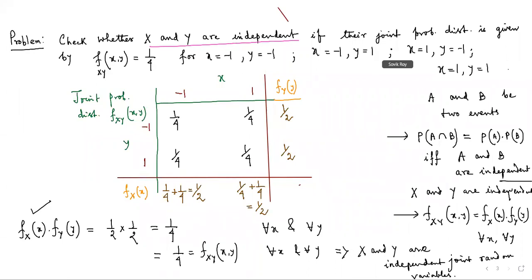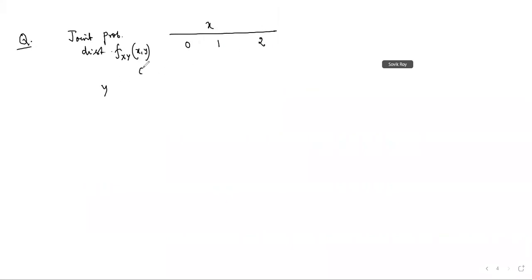Suppose I'm giving you another problem. I will not be able to do many problems in today's class because the class is too short. So suppose I'm giving you this problem, the joint probability distribution of which is f of x, y, where x takes the values 0, 1, and 2, and y takes the values 0, 1, and 2.